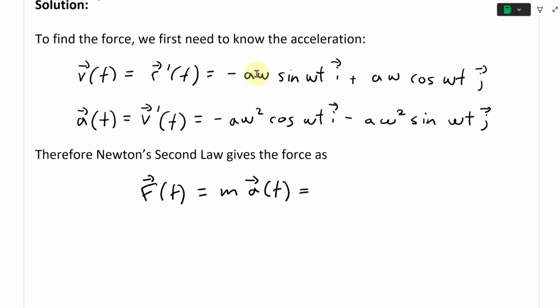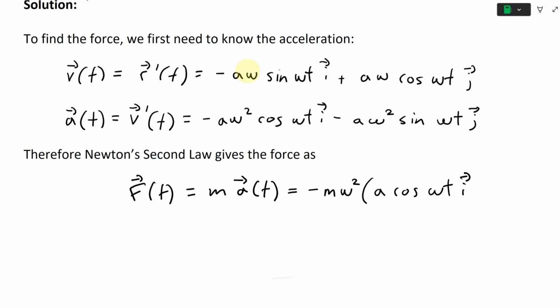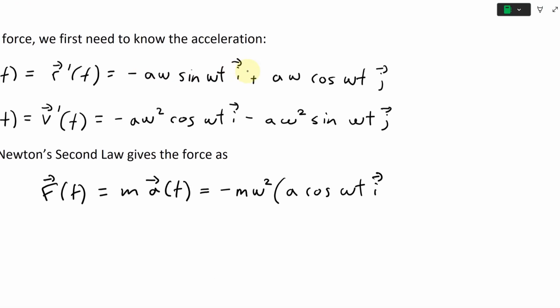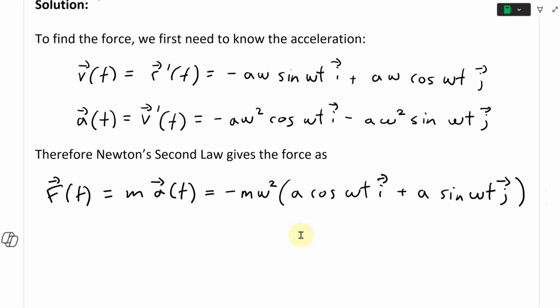So I'm going to take the negative, and then we're going to have mass times omega squared, and then times a cosine omega t i component, plus a sine omega t j component, like that. Alright, and I just moved it over there.